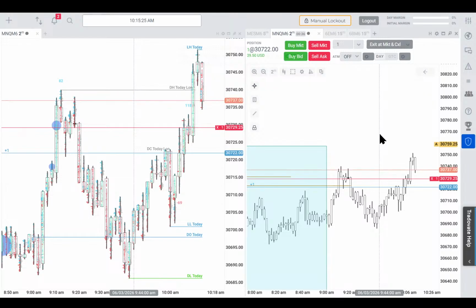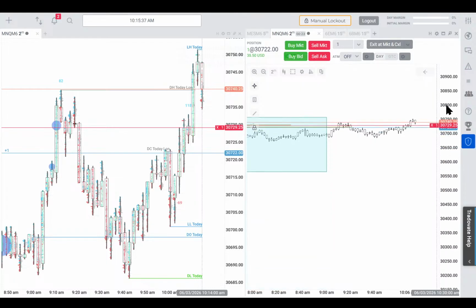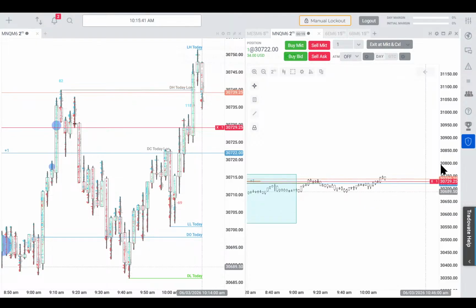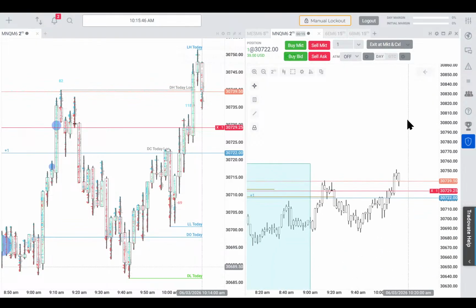I have 1 contract long and a sell stop sitting above and no ATM on whatsoever. So we can now sit here and we can do nothing. And we can most likely leave the machine entirely. I think that's what we're going to do.